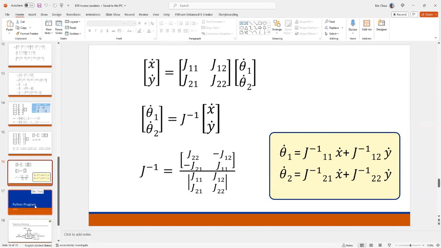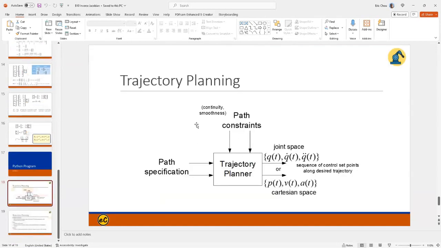Based on this inverse Jacobian, you can control your trajectory path. Inverse means that given some velocity change, or given some path, what kind of joint variables I need to have.